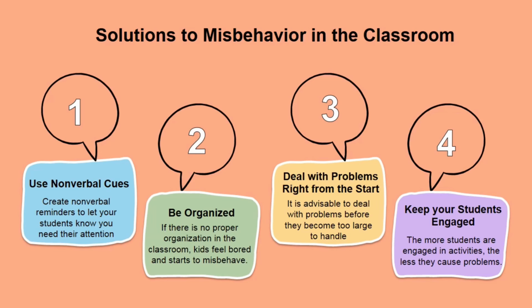For example, flip light switches, ring a bell, or come up with hand signals that alert your students to quiet down instead of raising your voice to settle commotion. Discuss these cues with your class before you implement them so students know exactly what they mean and how they should respond to them. Next point, be organized.